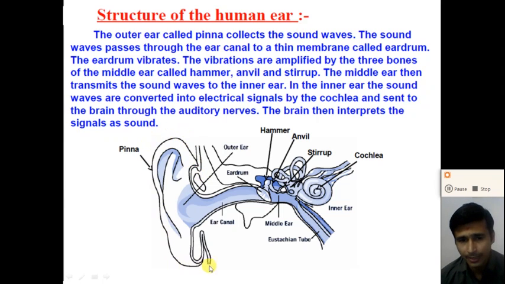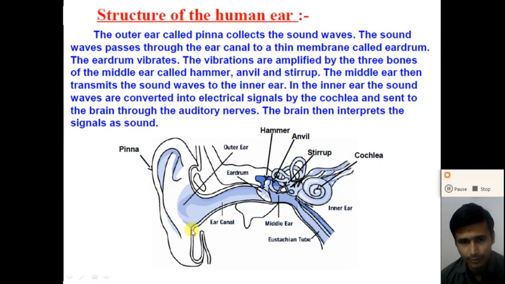So the structure of the human ear is simple, right? The outer ear, called the pinna, collects the sound wave. The sound wave passes through the ear canal, and reaches the thin membrane called the eardrum.